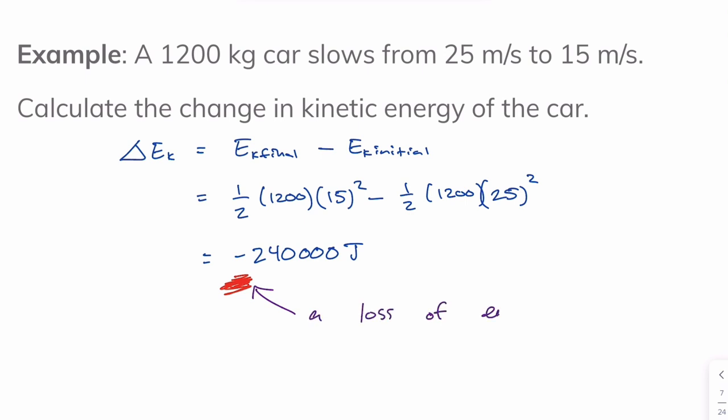As the car was slowing down, going from 25 to 15, it was losing energy. Typically that's brakes, so you're losing energy to thermal, friction, or air resistance, all of those things. I just wanted to clearly illustrate that a negative energy doesn't mean direction. Negative energy refers to a loss of energy.